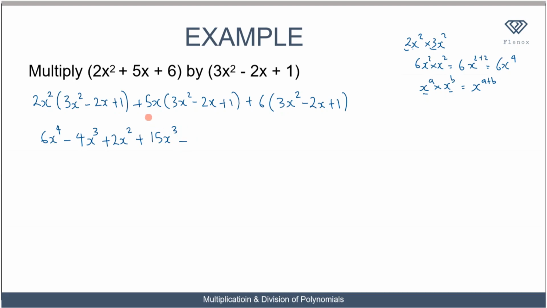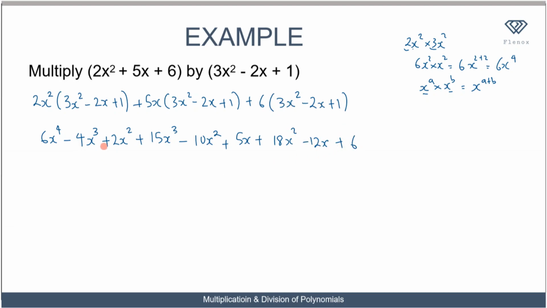Then 5 times minus 2 gives me minus 10, and x times x gives x squared. Then plus this times this gives me 5x. Then 6 times 3 is 18x squared. 6 times minus 2 is minus 12x, and 6 times 1 is 6.